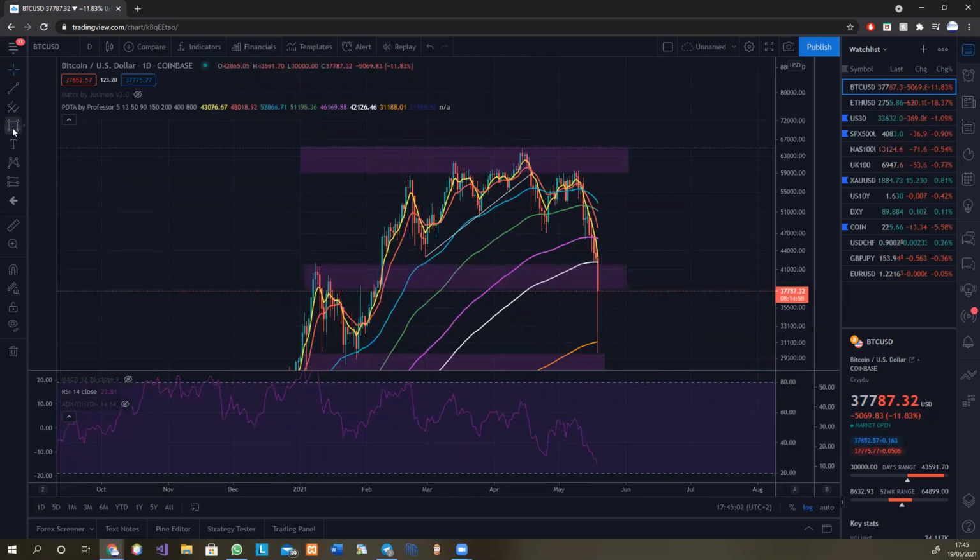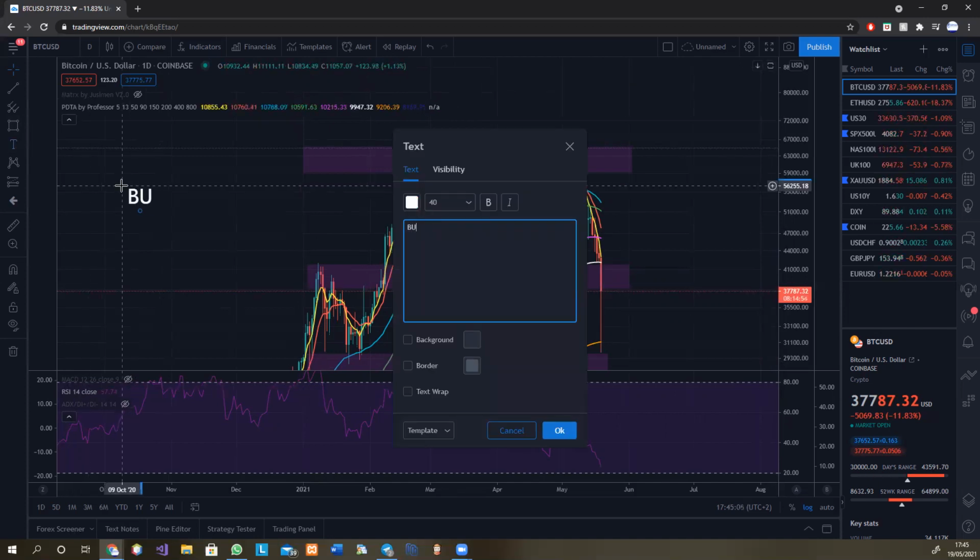We said two things. If market is buying and the RSI is consolidating, market is looking to buy.